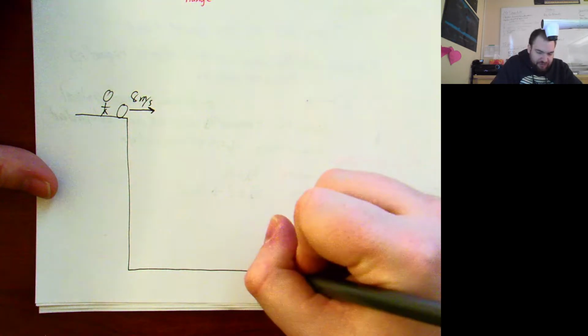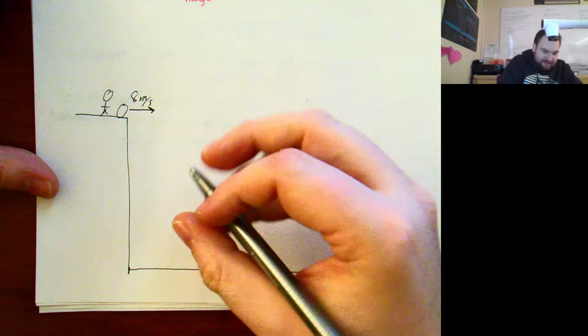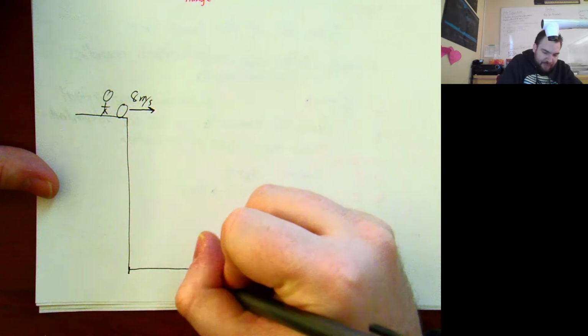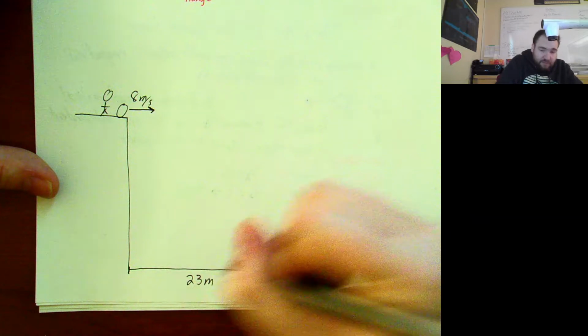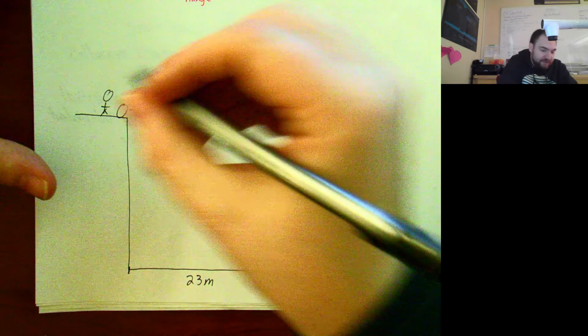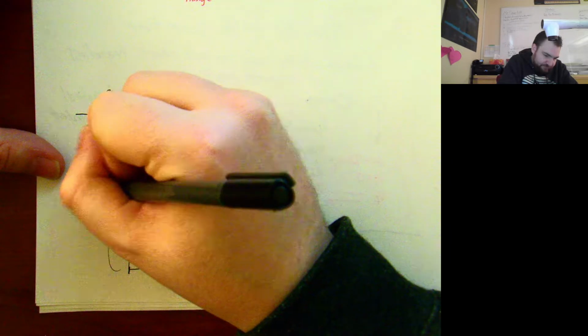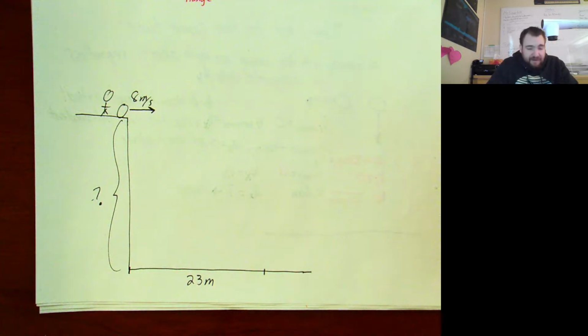You're going to measure that the distance this ball travels horizontally is 23 meters. How tall is the building? That's what we want to find out.